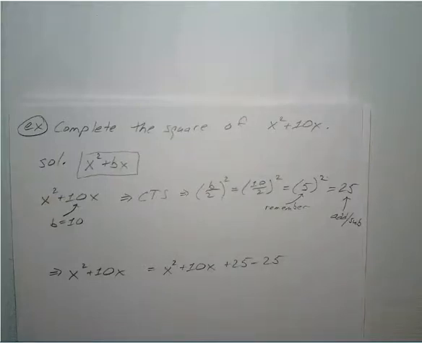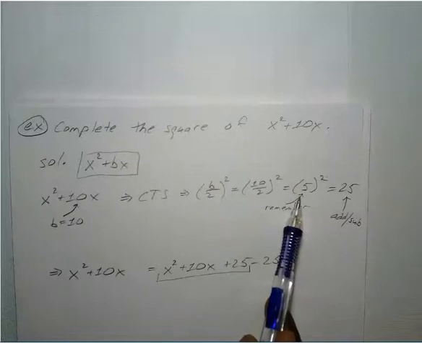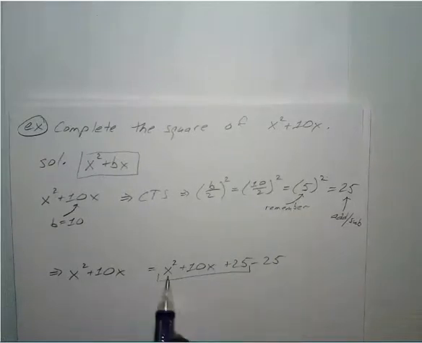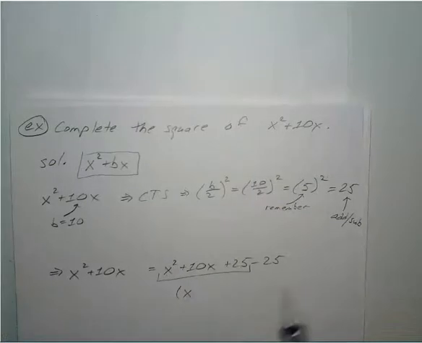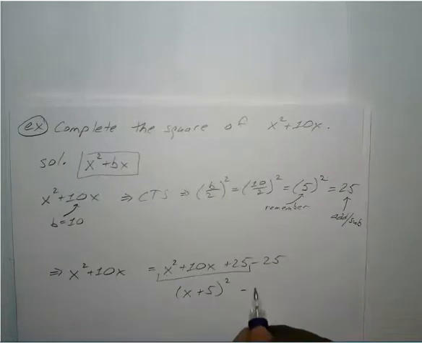Once you do that, you look at the first three terms, and with that value I told you to remember, those three terms make the perfect square trinomial: (x plus 5) squared, since it's a positive 5 here, minus 25.